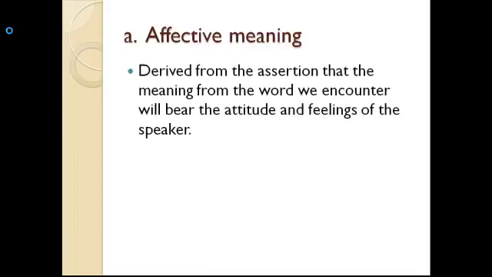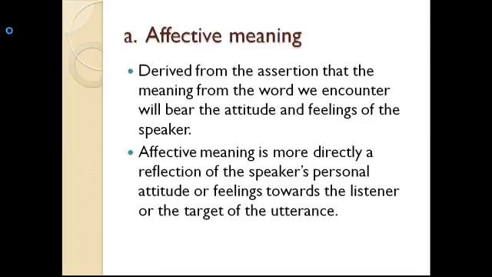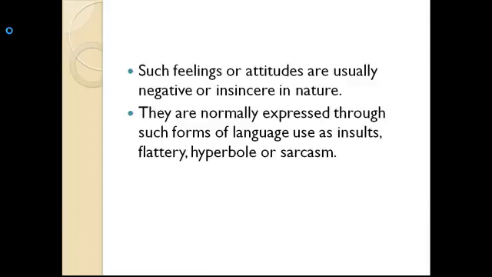And so this is derived from the assertion that the meaning from the word we encounter will bear the attitude and the feelings of the speaker. So affective meaning is more directly a personal reflection of the speaker's personal attitude or feelings towards the listener or the target of the utterance. Such feelings or attitudes are usually negative or insincere in nature.